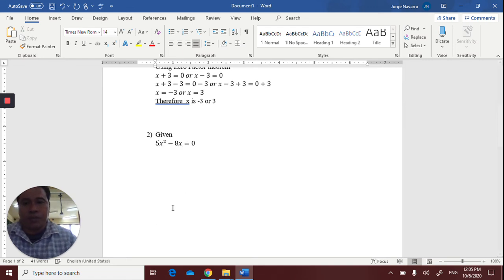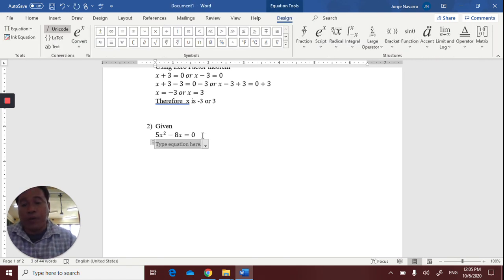In the second one, we are given 5x squared minus 8x equals 0. Now, in a case like this, the coefficients have nothing in common, but they do have x in common. So I can take out an x, open bracket.